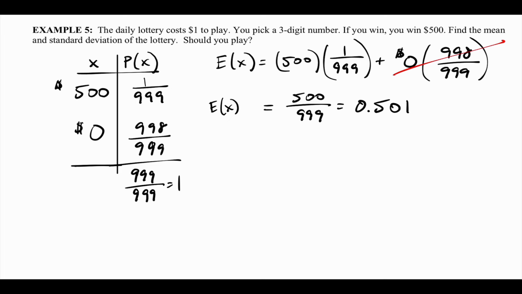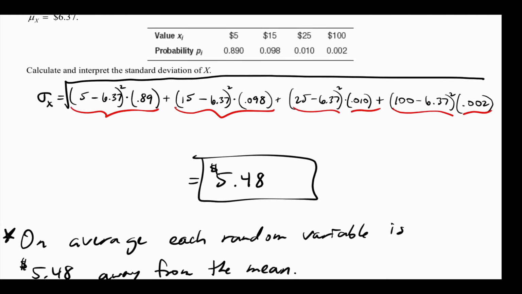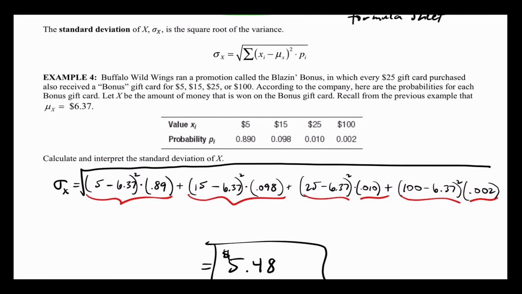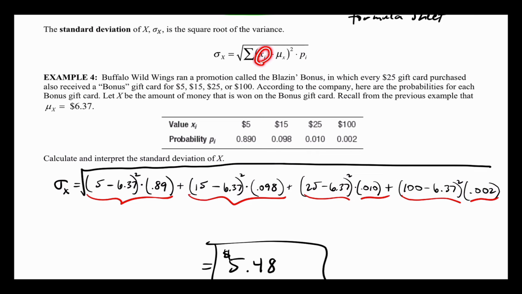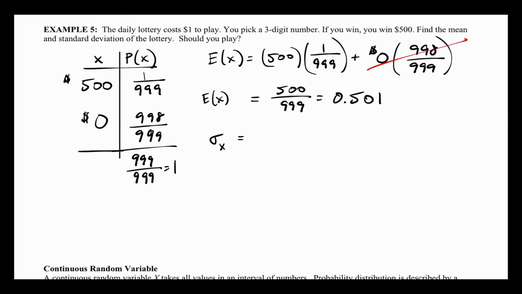Okay, standard deviation. We have a formula as well. That one said, take the random variable, subtract it from the mean. Okay, so the random variable is $500. Subtract it from the mean, which was this guy here. Square it, and then multiply it times the probability.